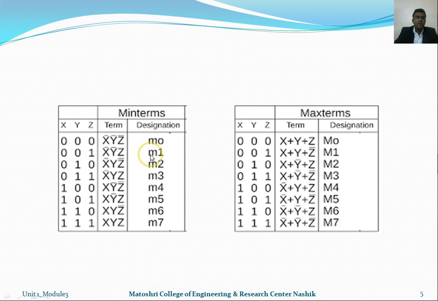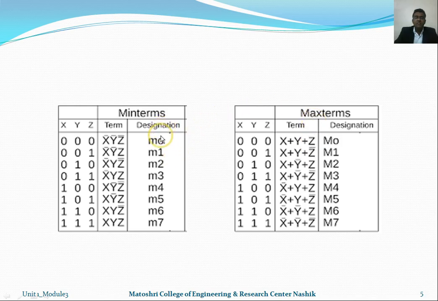Similarly, 001 is designated m1, and so on for the following terms. In the case of maxterms, 0 means the variable is without complement, but 1 means the complement of the variable. The maxterm is the sum of all the variables, and the minterm is the product of all the variables. So here it is an AND logic functionality between x, y, z, and in the maxterm case shown here, an OR logic functionality between x, y, z.